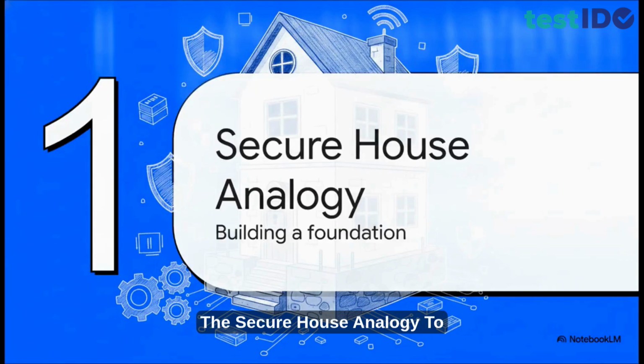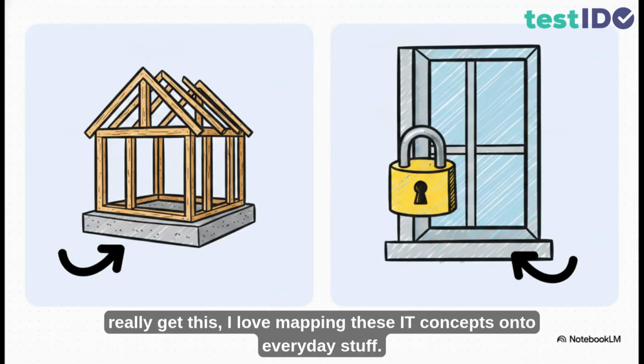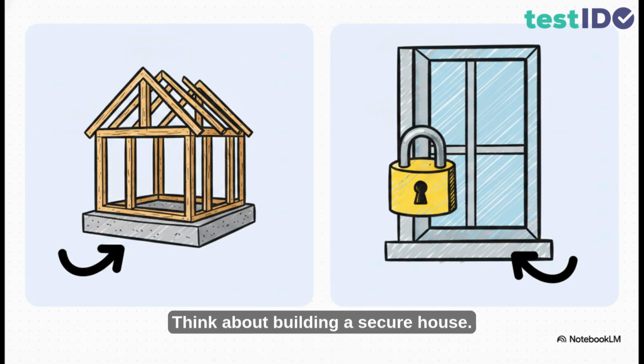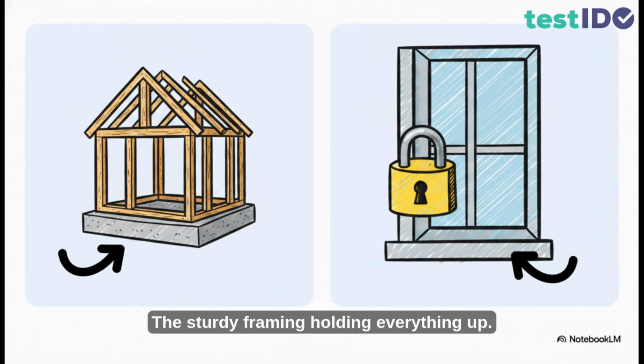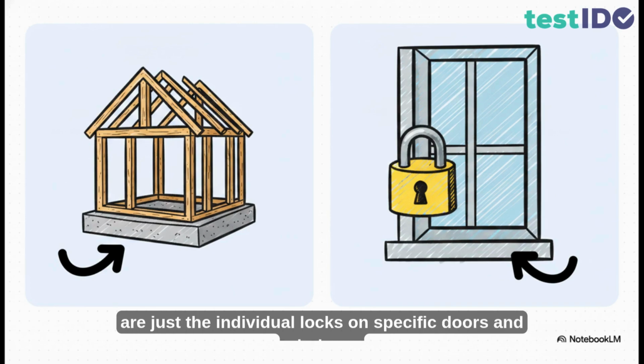The secure house analogy. To really get this, I love mapping these IT concepts onto everyday stuff. Think about building a secure house. IT general controls, or ITGCs, they're the thick concrete slab, the sturdy framing holding everything up. Application controls, on the other hand, are just the individual locks on specific doors and windows.